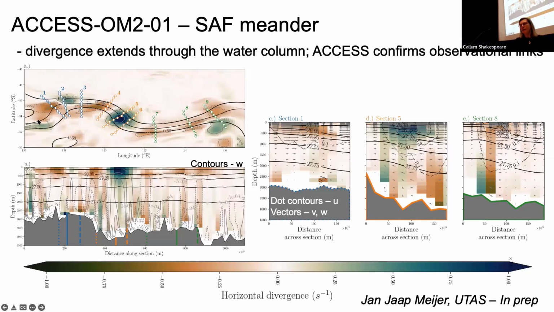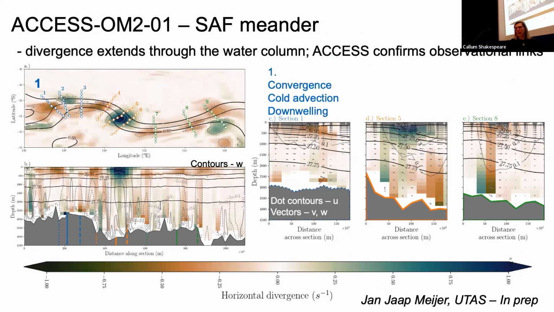So this map at the sea surface looks very similar to what we had from the satellite sea surface height, but now we have the vertical structure beneath that following the central contour of this meander. So where we have divergence at the sea surface, you can see that that extends through the water column. And we also have vertical velocity from the model, and that divergence is associated with upwelling and convergence is associated with downwelling.